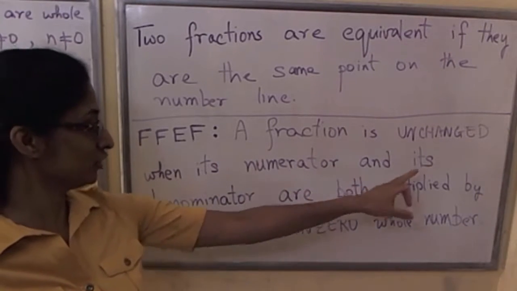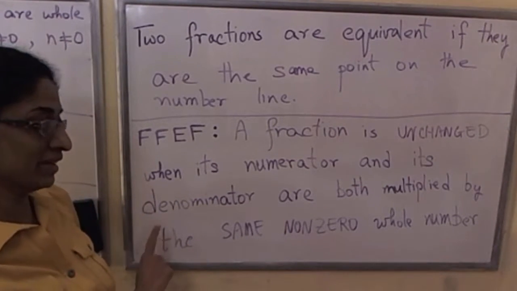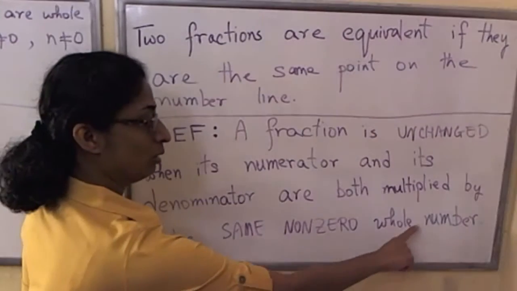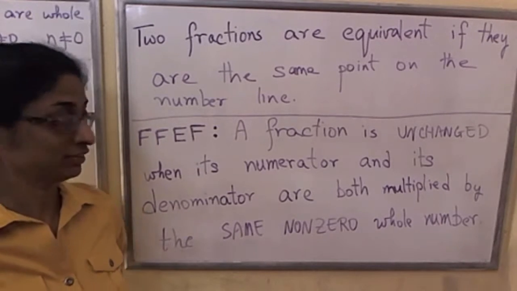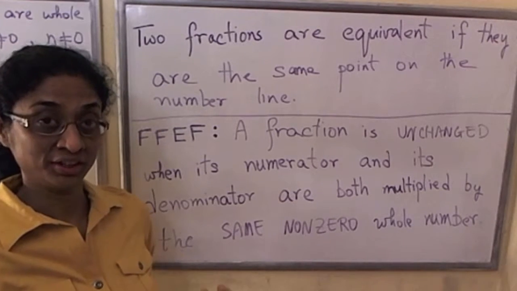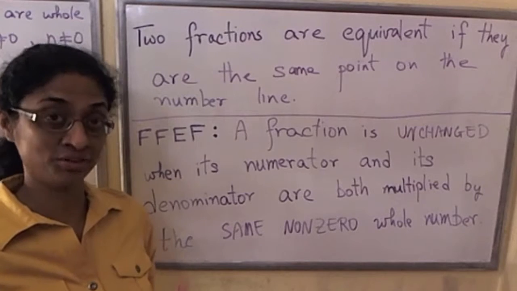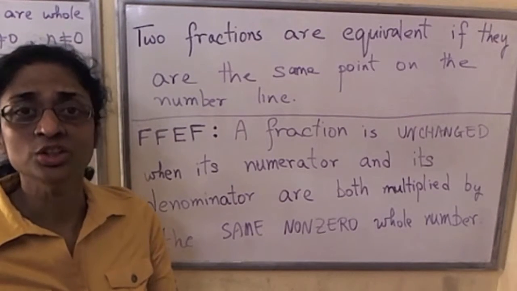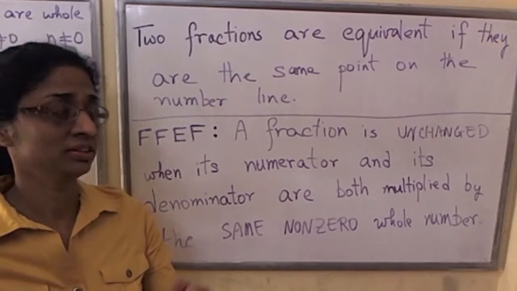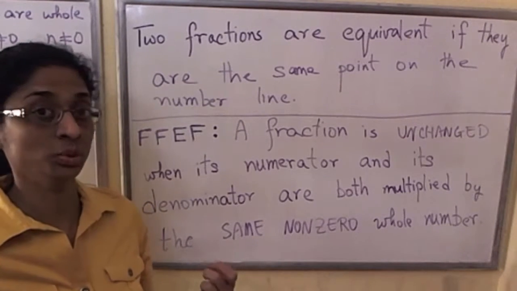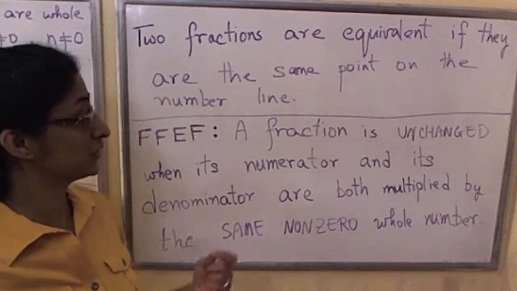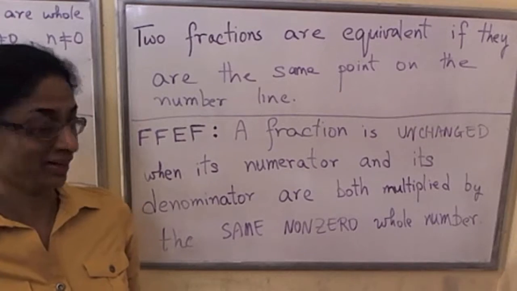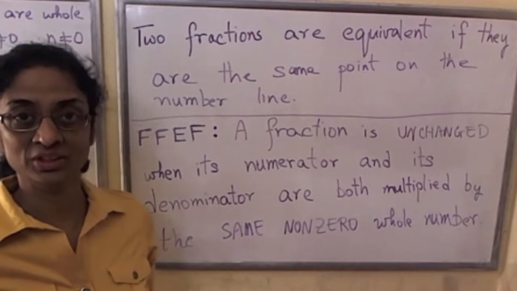A fraction is unchanged when its numerator and its denominator are both multiplied by the same non-zero whole number. So that means if you start out with a fraction and you choose to multiply the numerator and denominator by the same non-zero whole number, you don't really get a new fraction. That fraction and the first fraction are equal or equivalent because they would be the same point on the number line.